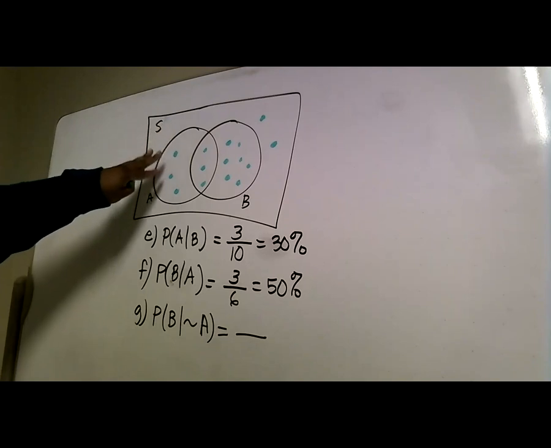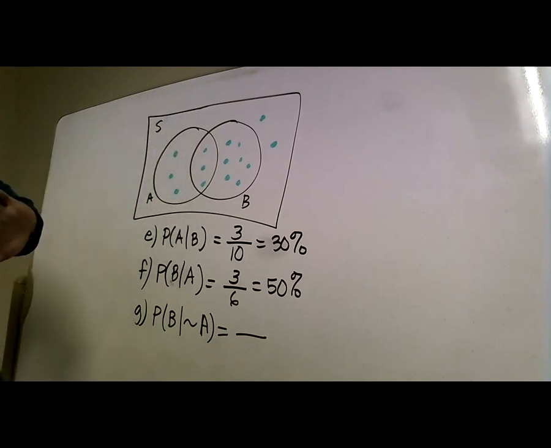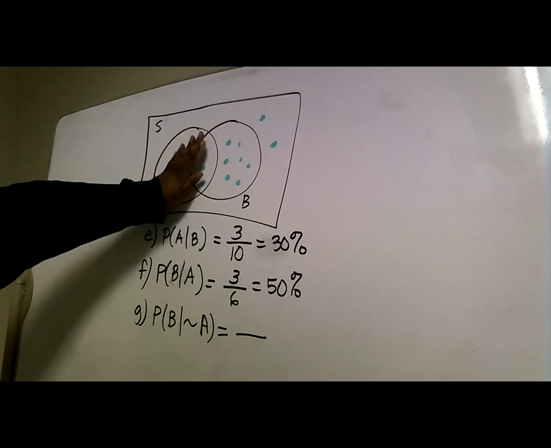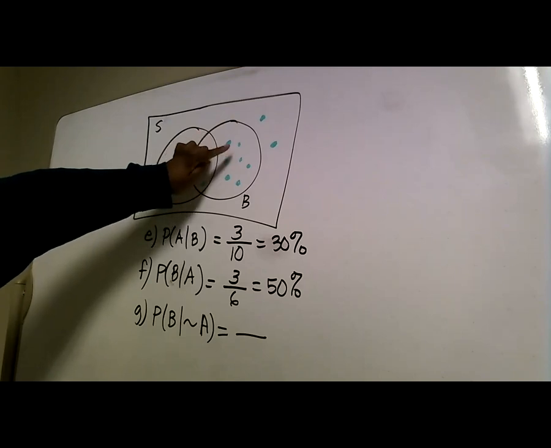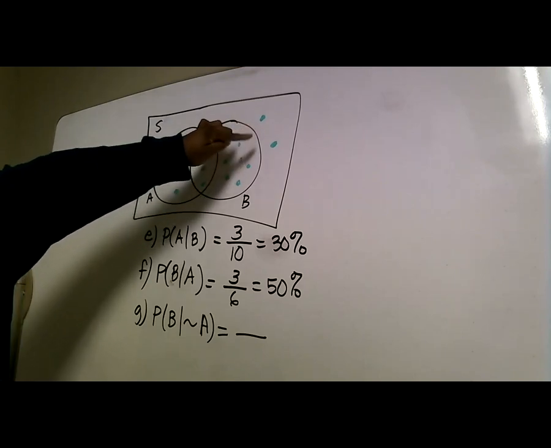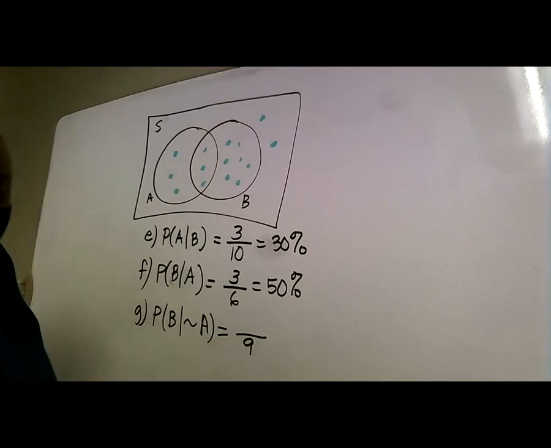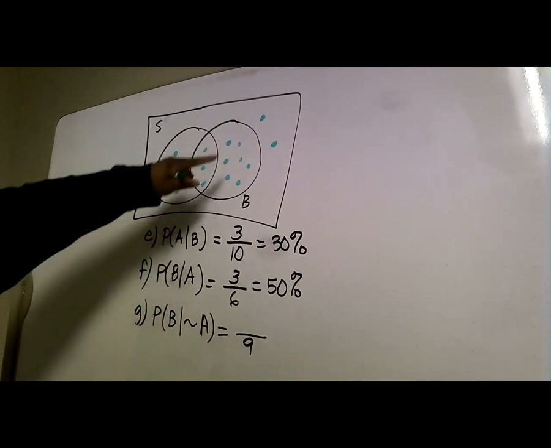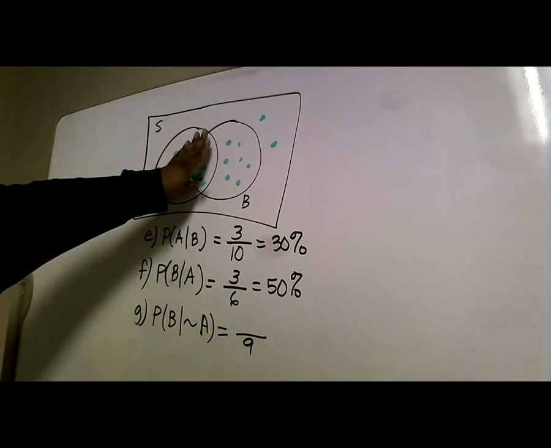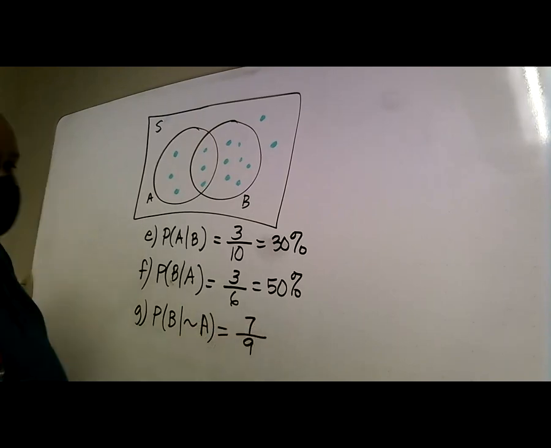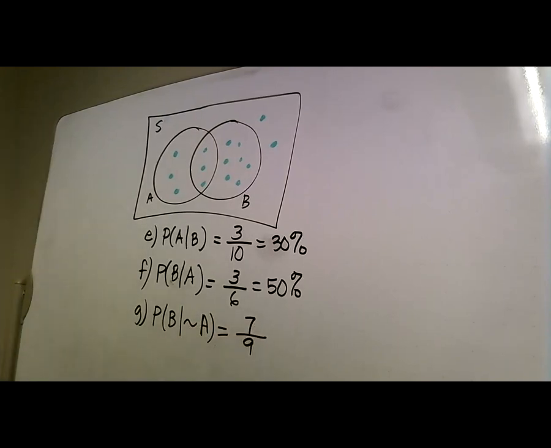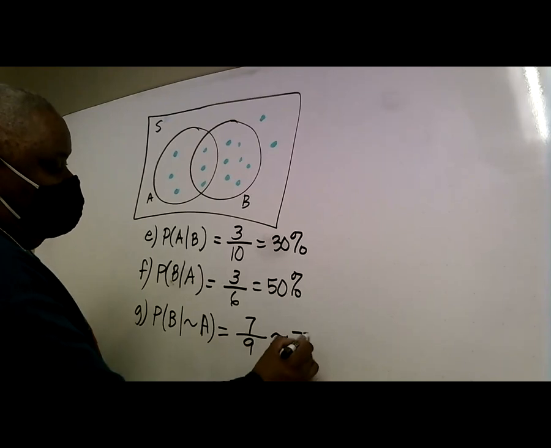Here's event A. Now, the opposite of that, we just cover up A. It'd be 9, because we got these 7 dots in B and these 2 on the outside. That 9 would be in the denominator. Now, out of those 9 dots, how many are in event B? 7. So this will be 7 out of 9.